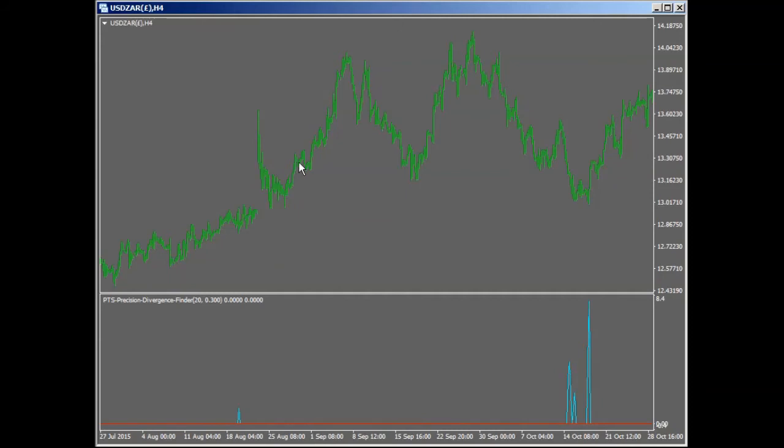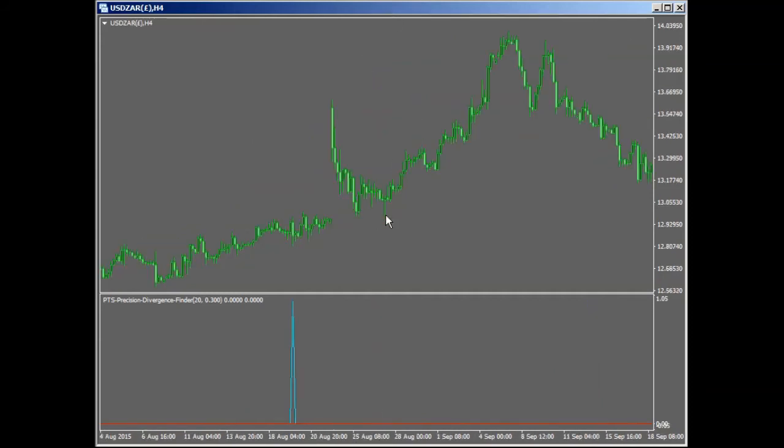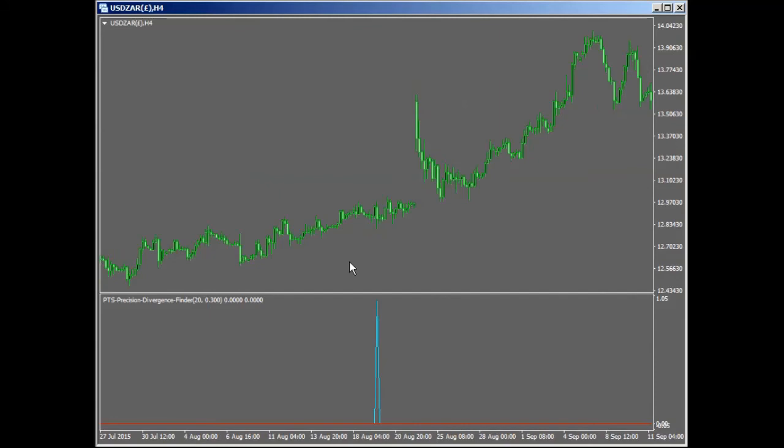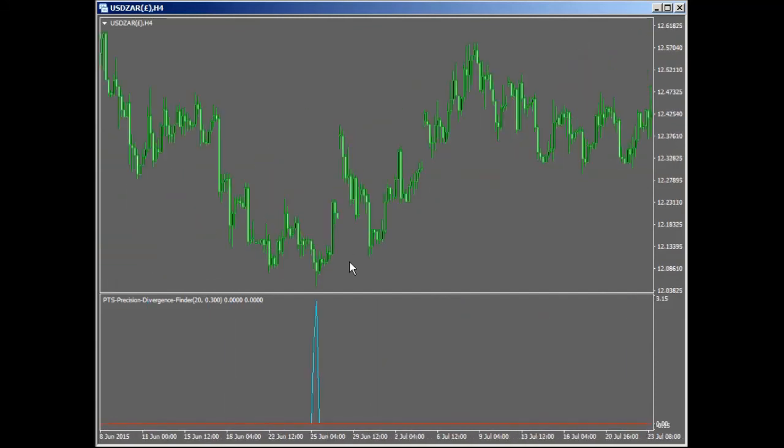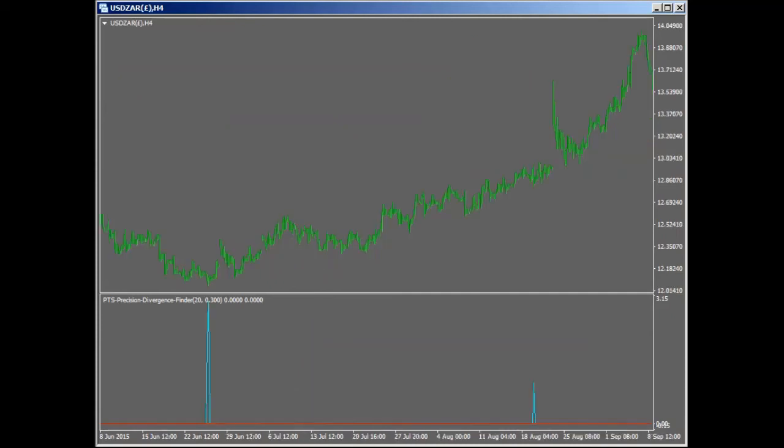And here's a close up, another example, some clever buying and then taking profit straight away. They got some money there. And another example, very close to a nice move up.